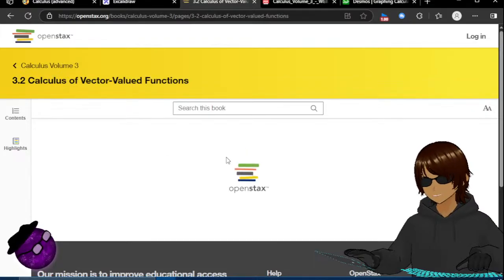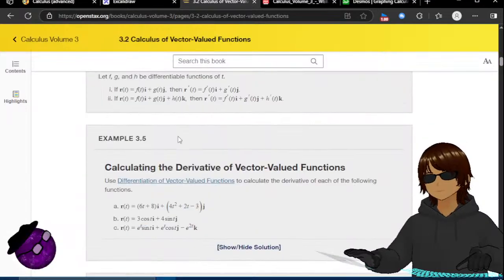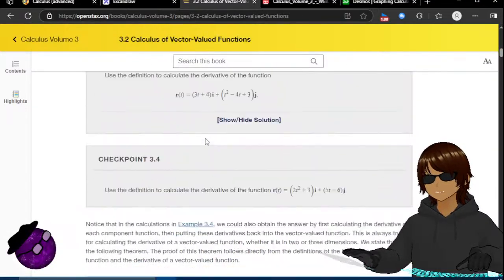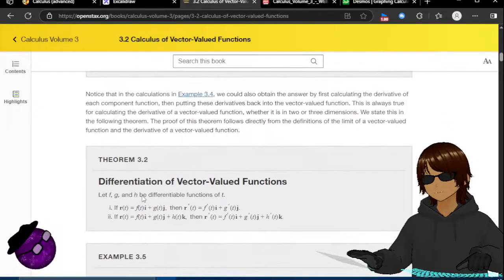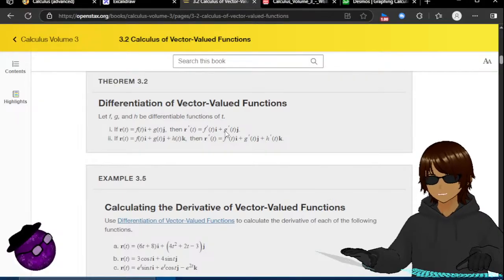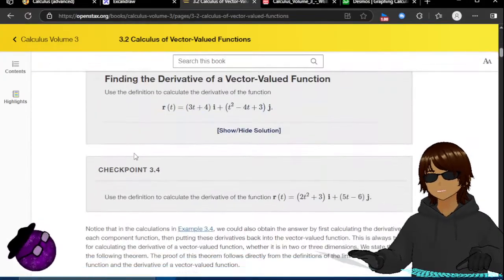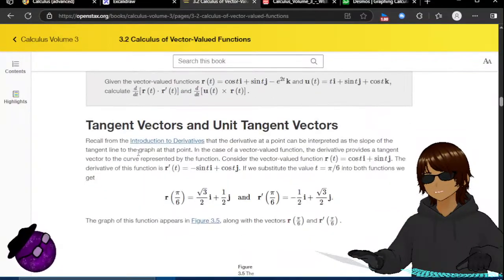So I think like limits, it would be the same with derivatives and integrals. If r is f plus g, then the derivative of r is the derivative of f plus the derivative of g. The same thing in 3 dimensions. Here's the proof.